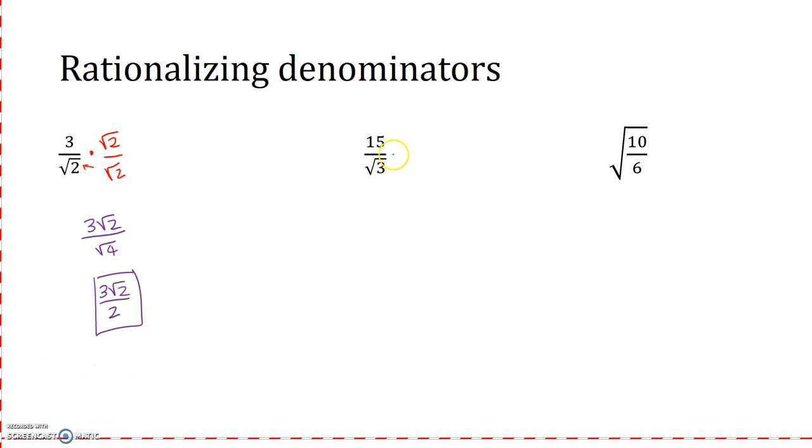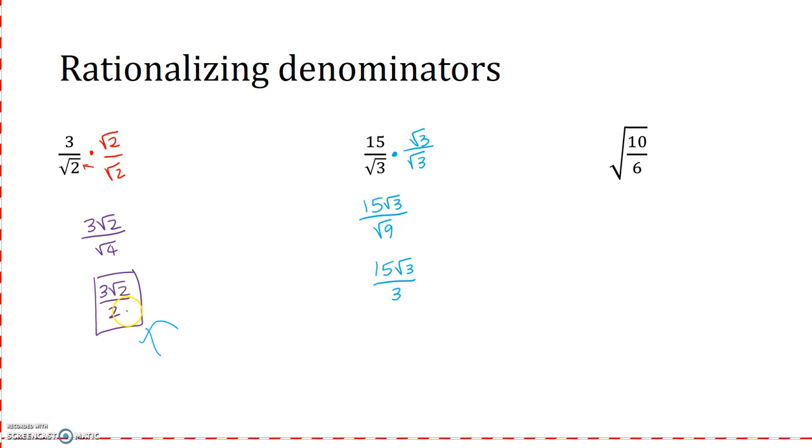Let's try another one. Again, root 3 is not a whole number. We need to get rid of the root 3 in the denominator of the fraction. So we multiply both numerator and denominator by root 3. So I have 15 root 3 over root 3 times root 3, which is root 9. So I have 15 root 3 over the square root of 9, which is 3. And then you want to stop and see if you can reduce your fraction.